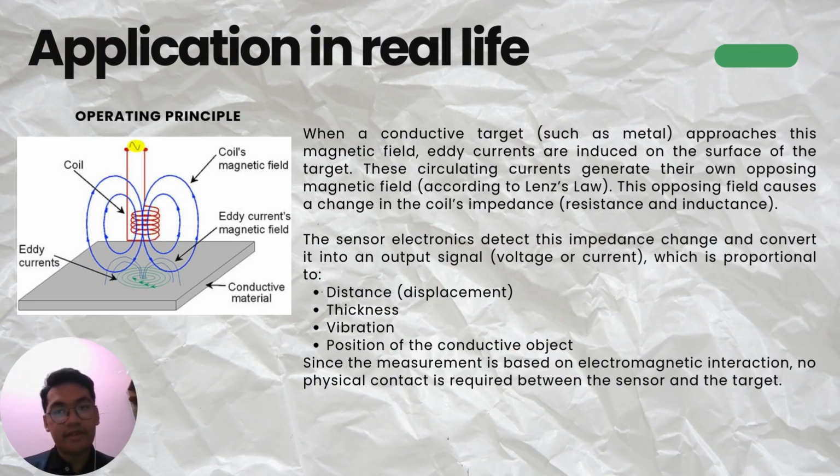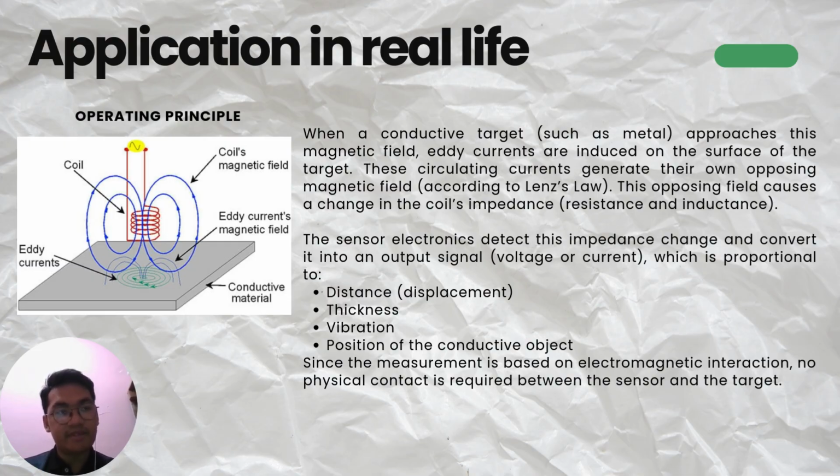This opposing field causes a change in the coil impedance. The sensor electronics detect this impedance change and convert it into an output signal, which is proportional to distance, thickness, vibration, and the position of the conductive object.